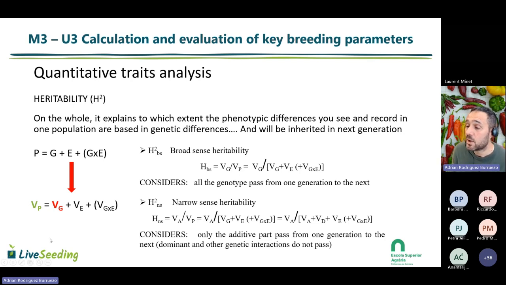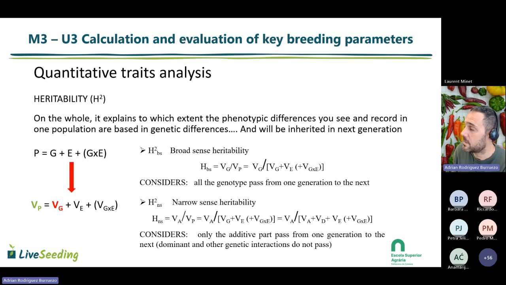Okay, you can see in a schematic way how the phenotypic expression of a trait depends on the genotype, the environment, and, if your traits are performing in different environments, the genotype by environment interaction, which in terms of variances goes to the formula in the bottom: phenotypic variance equal to genotypic variance plus environmental variance plus, if applicable, genotype by environment variance.